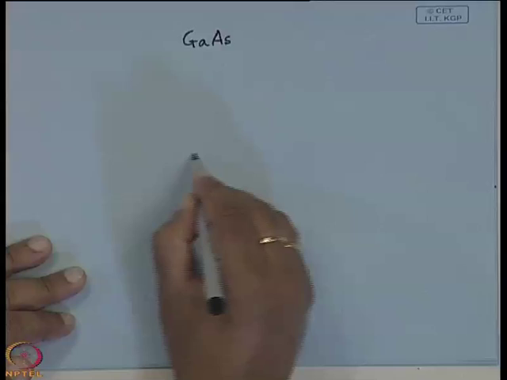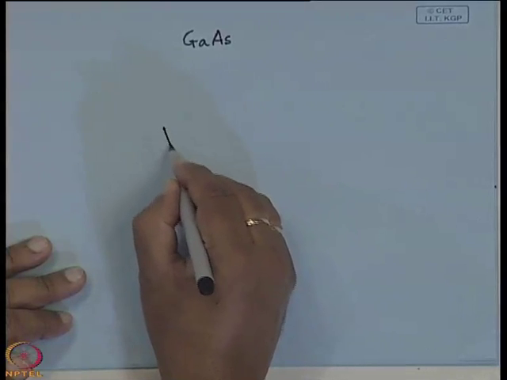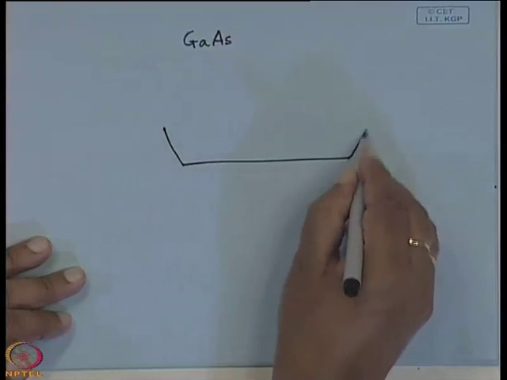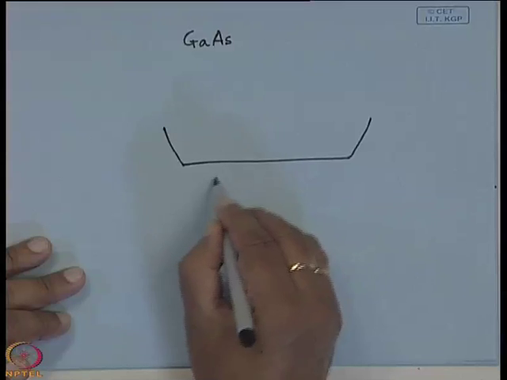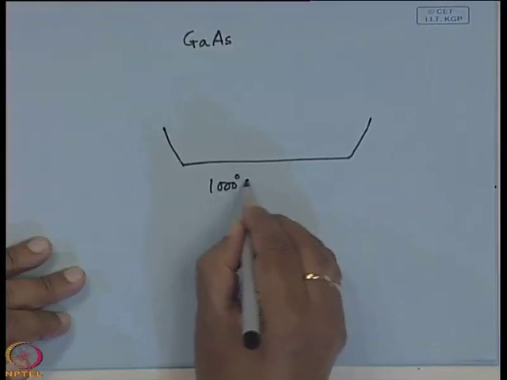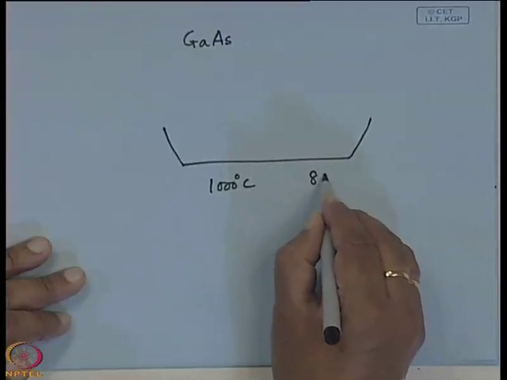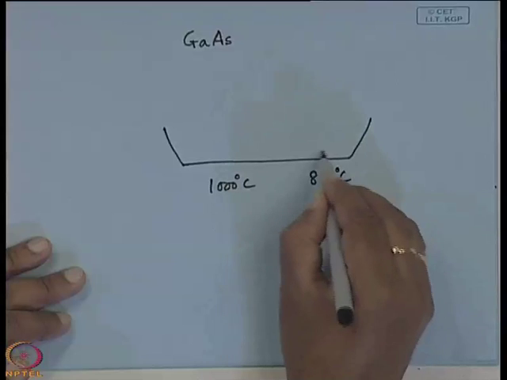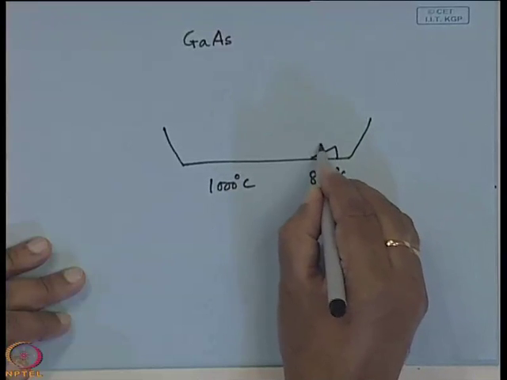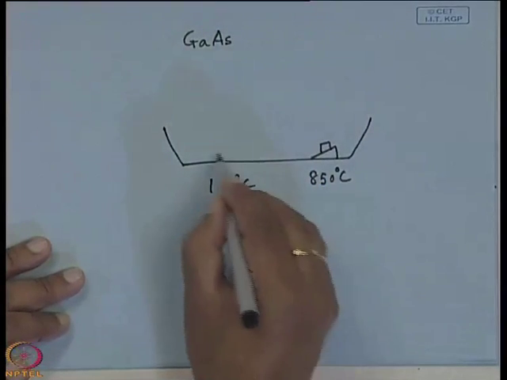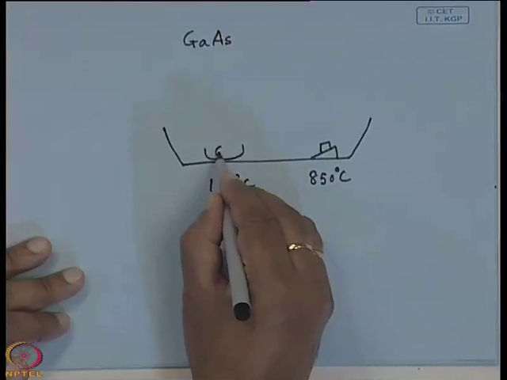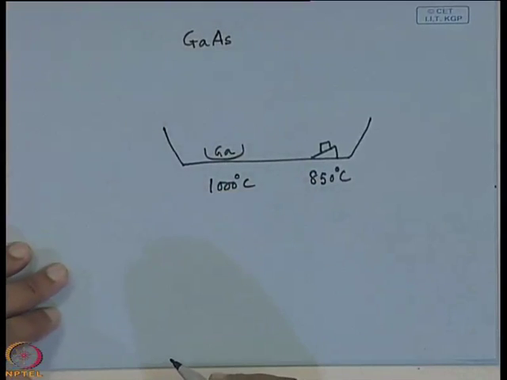So, you can think like this. This is 1000 degree centigrade, this is 850 degree centigrade. Here the substrate is kept, here in a boat molten gallium is there.